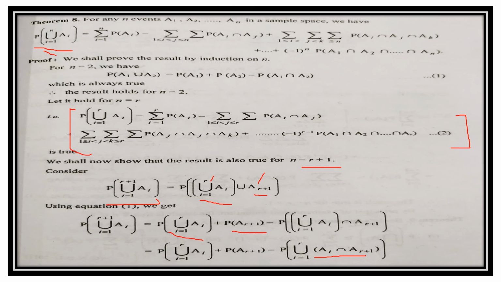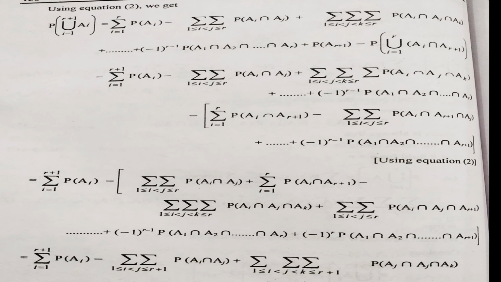Now this part will use the value from equation number 2, because this is given here. So put the value of the union of i equal to 1 to r from here. Now you have to club this term with this so that it becomes the summation of i from 1 to r plus 1, and now you have to open this bracket.